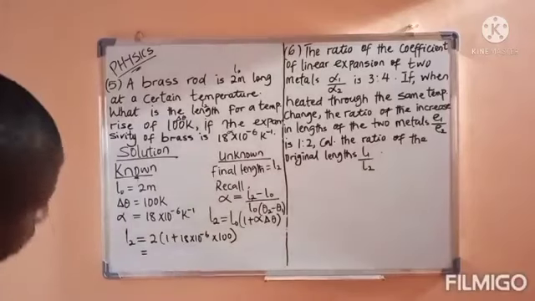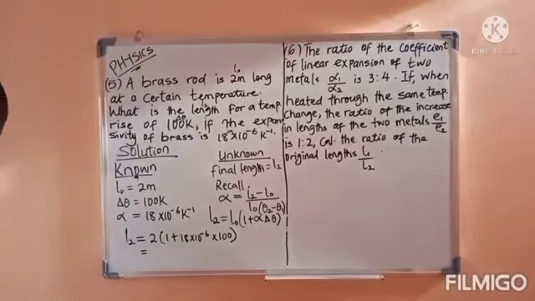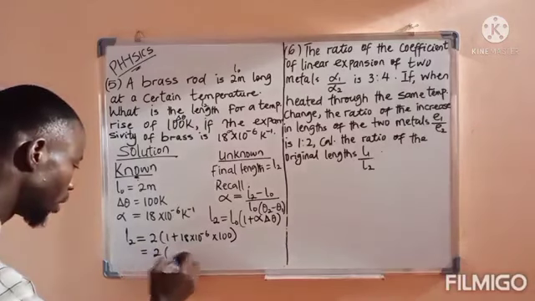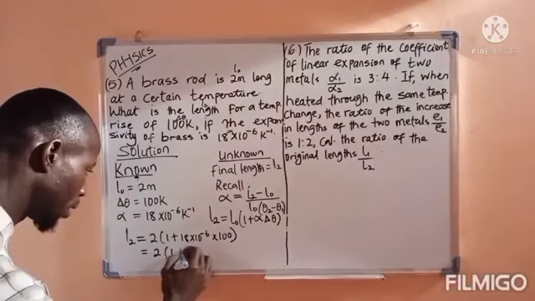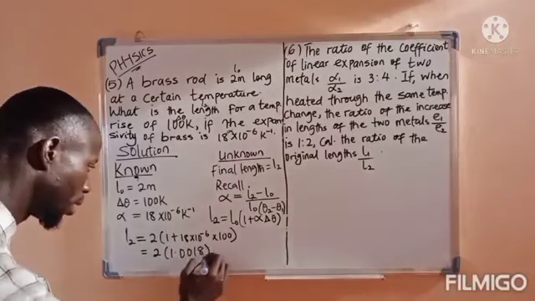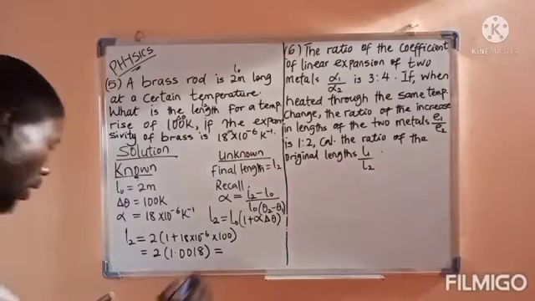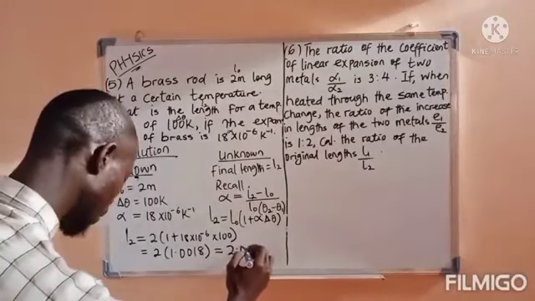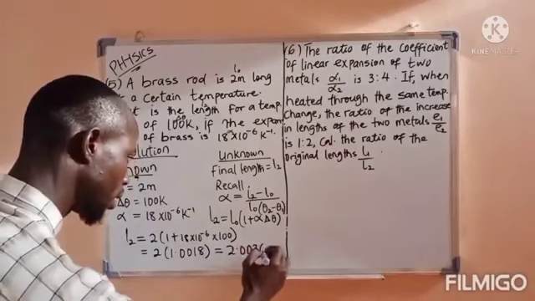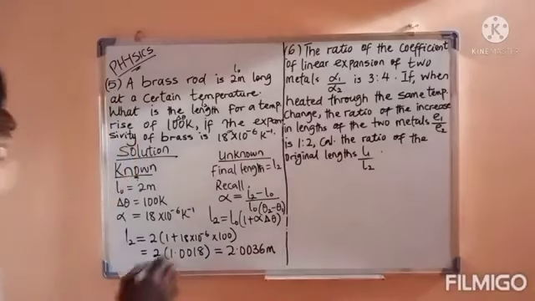By the time I multiply what is here, I have 18 times 10 raised to power minus 6 multiplied by 100, then plus 1. That will give us 2 into 1.0018. Then when you multiply it through by 2, you end up having 2.0036 meters.